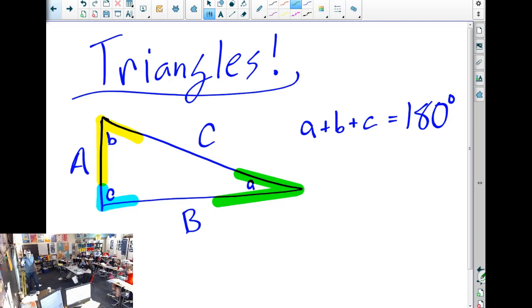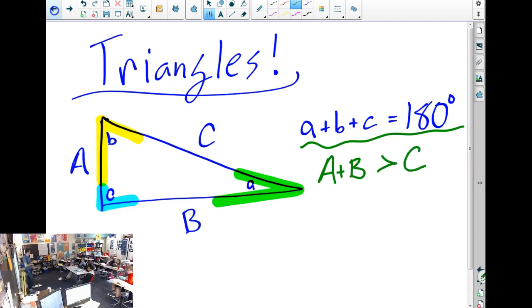If we have a triangle with legs A, B, C, if I add A and B, that's going to be bigger than C. But also, if I add B and C, that would be bigger than A. And if I add A and C, bigger than B.